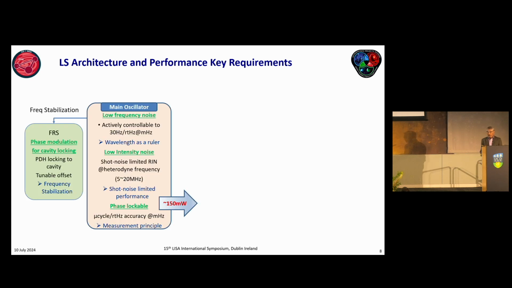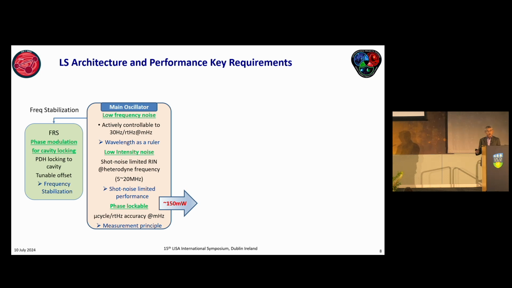The architecture that we have taken is a main oscillator power amplifier approach. The main oscillator will take care of some of the problems of the low frequency noise, working in concert with the frequency reference system.